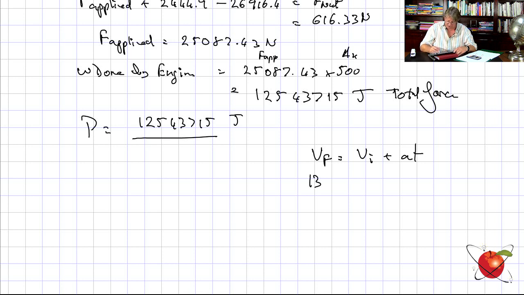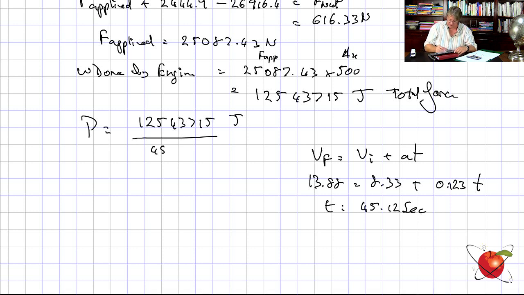V final was 13.88, is equal to V initial 8.33 plus 0.123 T, correct? Therefore, the time taken to accelerate like this is going to be 45.12 seconds. So that's my 45.12 seconds. There we've got joules per second.